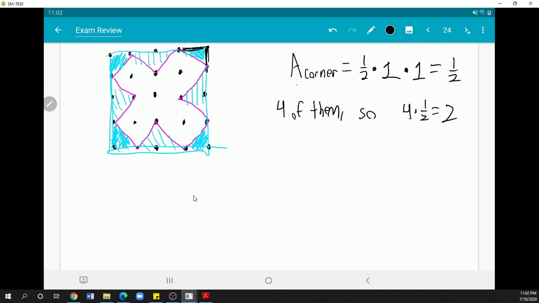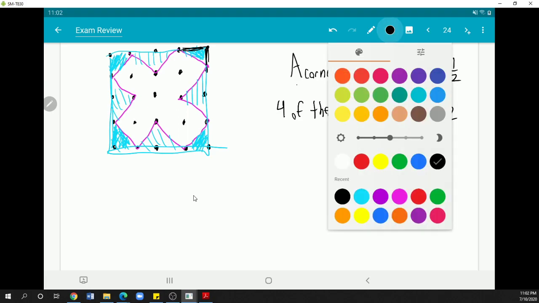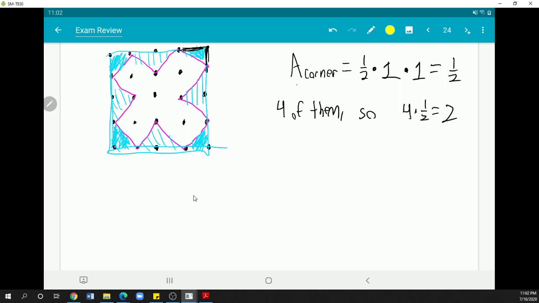Now I'm going to do the same thing with these. Let me choose a color, yellow. With these ones, again, there's 4 of them, so I can find the area of 1 and then multiply by 4 at the end.